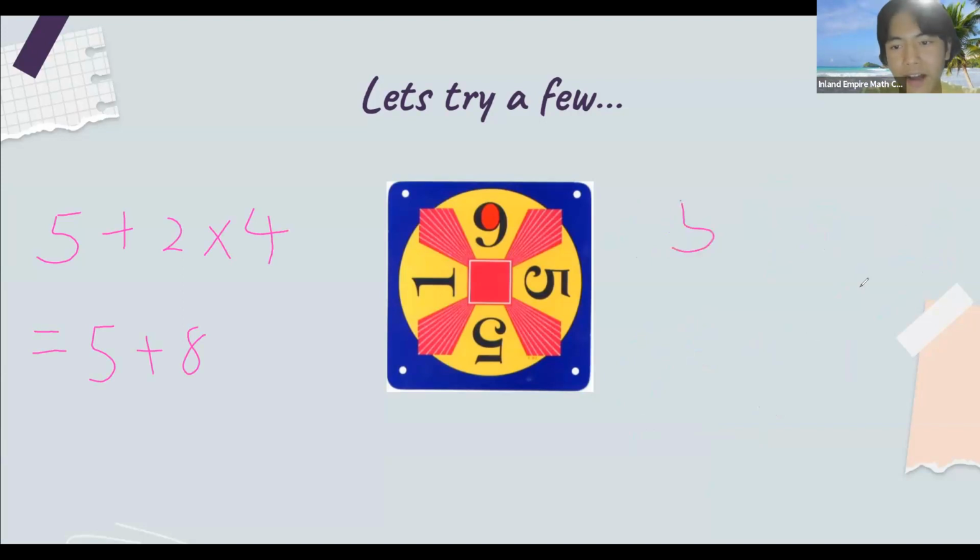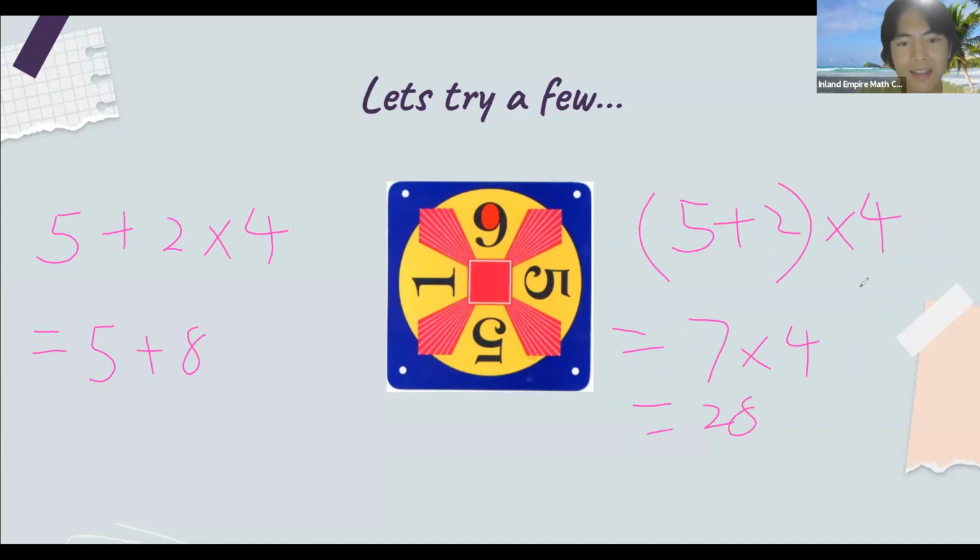So then if you write 5 plus 2, but you have a parentheses around it, and then times 4, you would actually have 7, right? Times 4 equals 28. So look at these two examples. Notice how even though the numbers and operations are the same, if you have a parentheses, you'll get a different order of operations and thus a different answer.